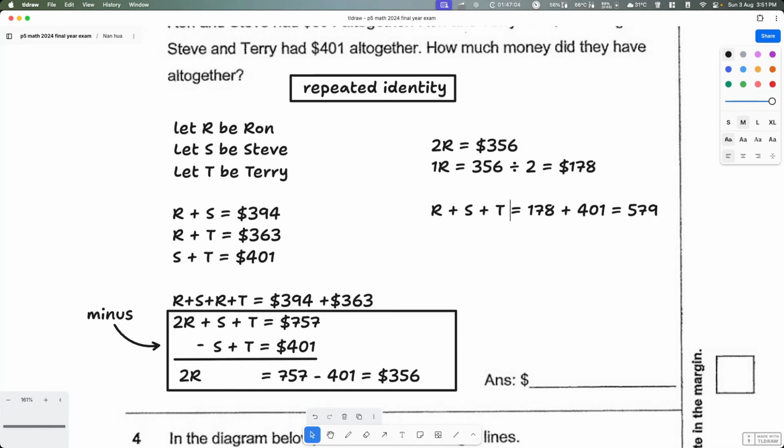Yay, there we go. That's the answer: $579. Okay, so that's it. That is for question number 3. All right, let's move on to the next question.